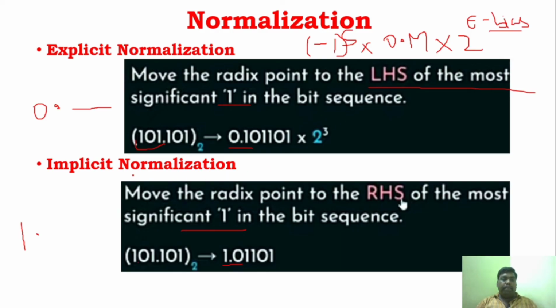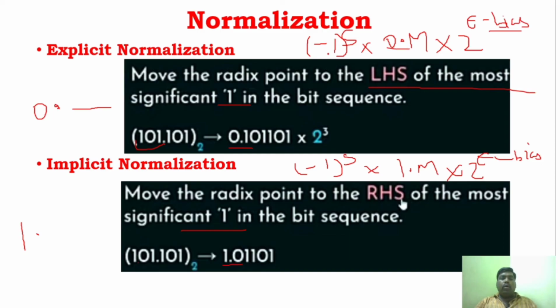And if you see implicit normalization, it is the same formula: -1 to the power of s into 1.m, into 2 to the power of e minus bias, correct? So it starts with 1 dot and here it starts with 0 dot.